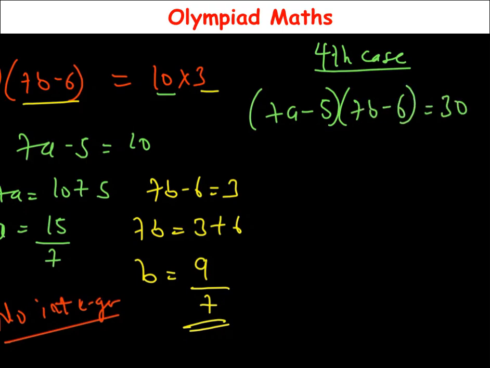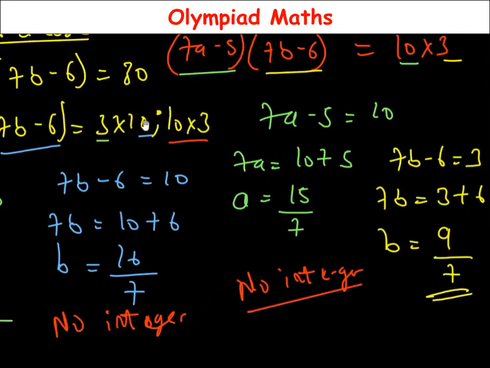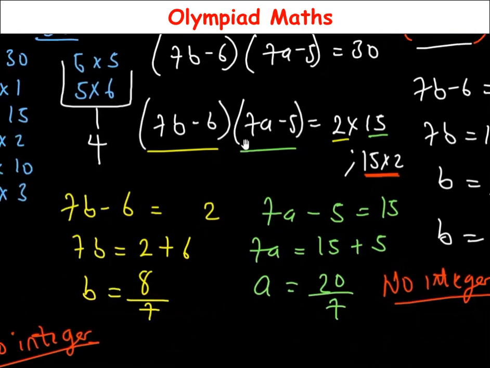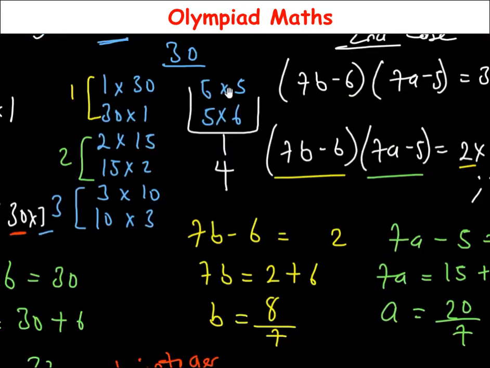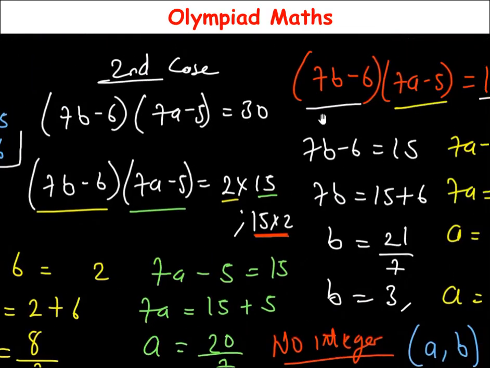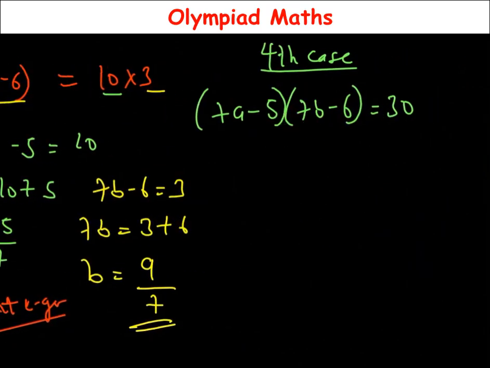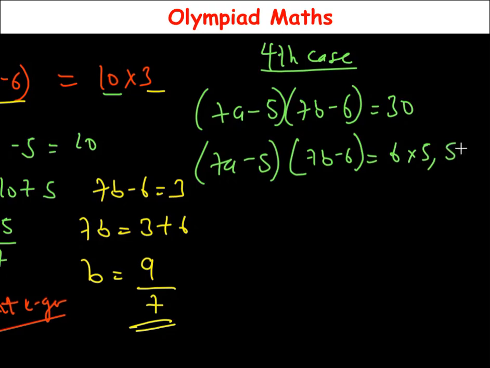And the factors of 30 for the fourth case are 6 times 5 and 5 times 6. So (7A − 5)(7B − 6) is equal to 6 times 5 and 5 times 6.